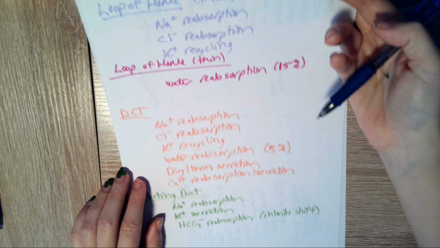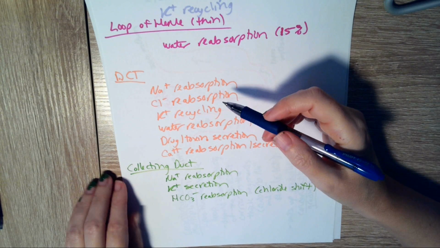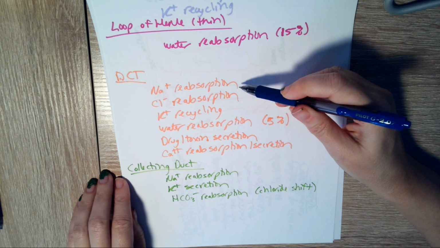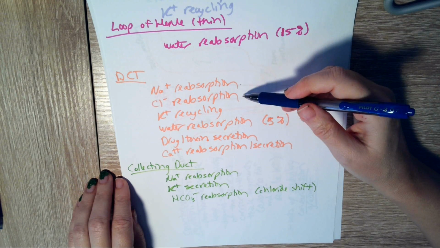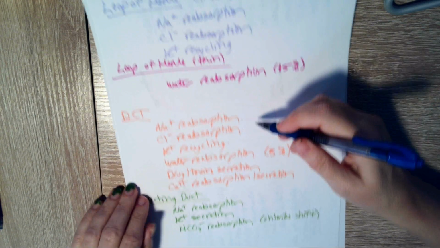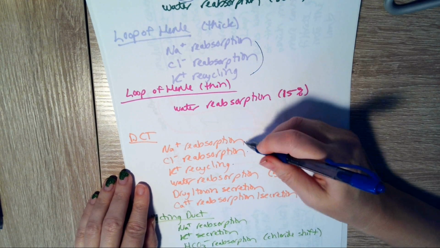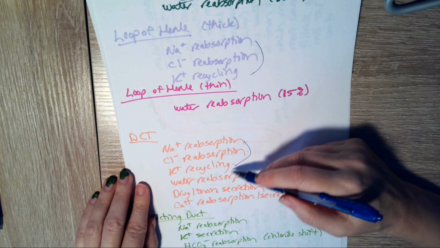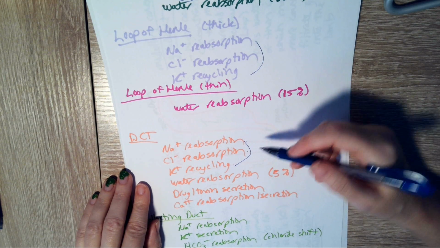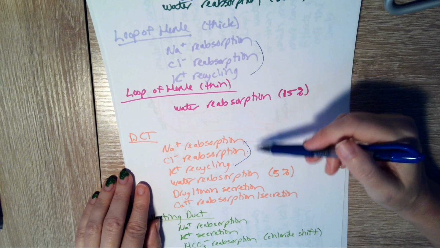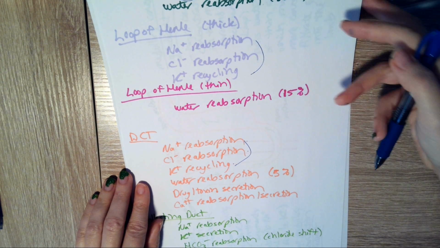Okay, now when we move up out of the loop of Henle, we're in the distal convoluted tubule. And here we're going to be doing sodium reabsorption still, chlorine reabsorption, potassium recycling. You'll notice that these 3 are the same in the 6 segments of the loop of Henle and in the distal convoluted tubule. They're using the same 2 carriers that are responsible for all 3 of these things.